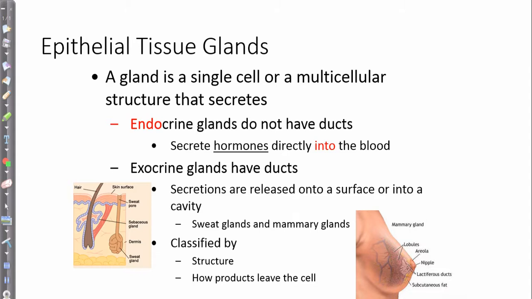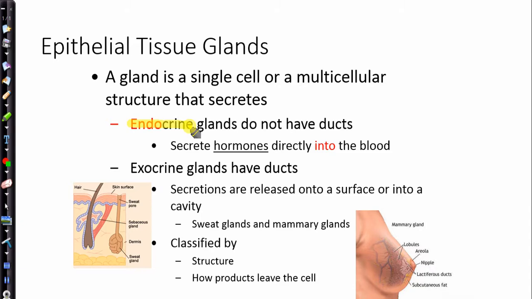Epithelial tissue does form glands as well, and a gland is going to be a single cell or a group of cells that secretes, that produces some sort of product. And here we need to make sure we're clear on the difference. Endocrine glands are going to be glands that do not have ducts. Ducts here, not like D-U-C-K, quack, quack, D-U-C-T, tubes. So endocrine glands don't have tubes.